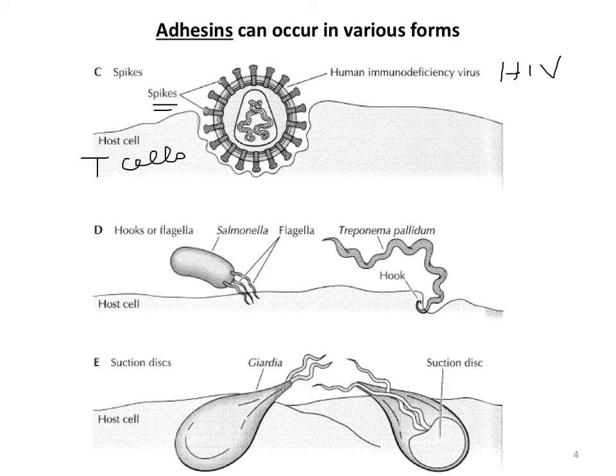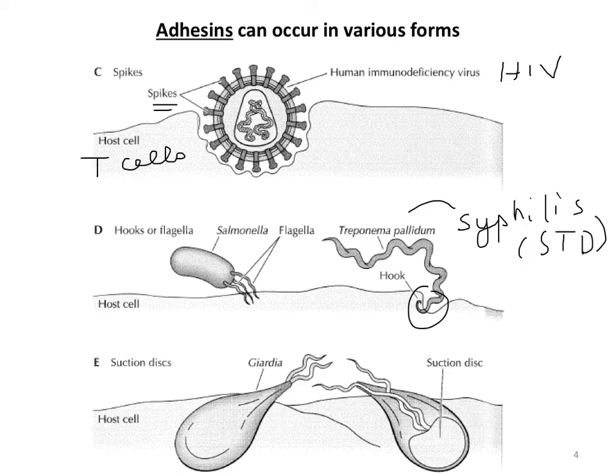Treponema pallidum is the causative agent of syphilis, a very common STD. And Treponema pallidum uses a hook mechanism to attach to the epithelial cells found in the reproductive tracts of both men and women. In both cases, these bacteria are using protein-rich structures in order to attach to host cells and thereby infect the host.